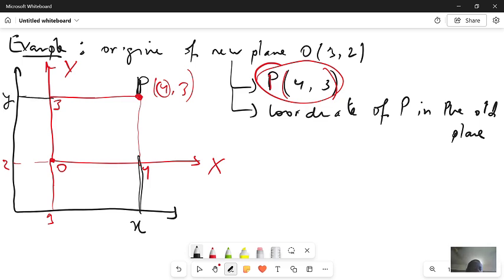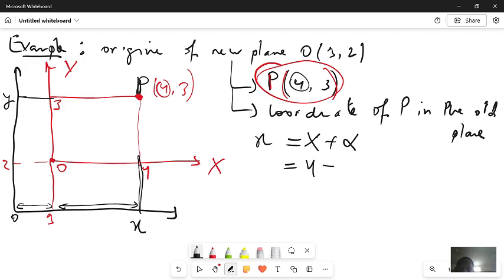So small x is going to be the value of alpha plus the value of capital X. So it's capital X plus alpha, which is equal to capital X, the coordinate of P in the new plane, 4, plus alpha, the coordinate of the origin of the new plane, which is 1. 4 plus 1 is equal to 5.